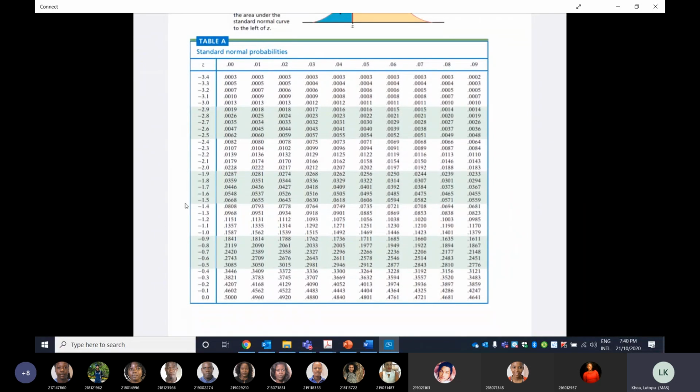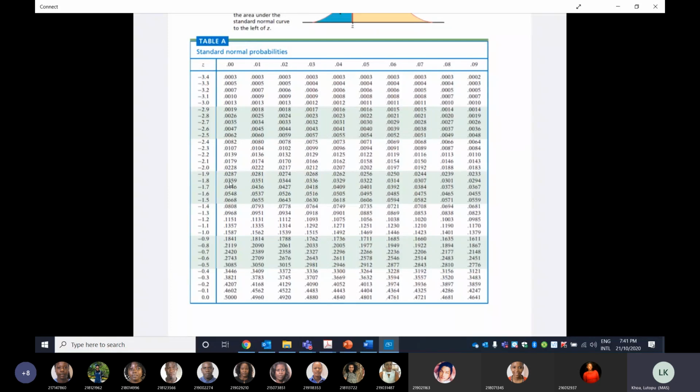So I go over here, I look for negative 1.8, there it is. Now these numbers here, 0.00, 0.01, are the second decimal after the first decimal. So here, my first decimal is 8. Then if I read from the second column, this will be 8, 0, then 8, 1, 8, 2, 8, 3, 8, 4, and so on up until 8, 9. So the value we're looking for is negative 1.89.